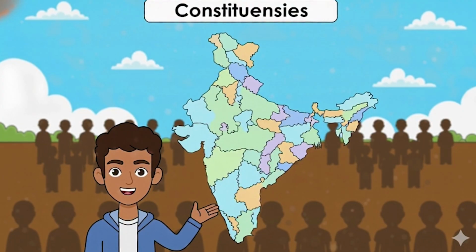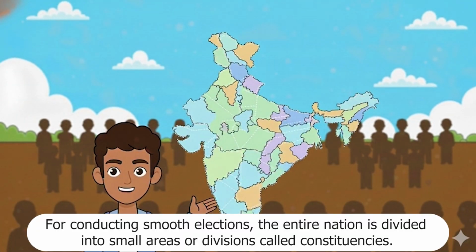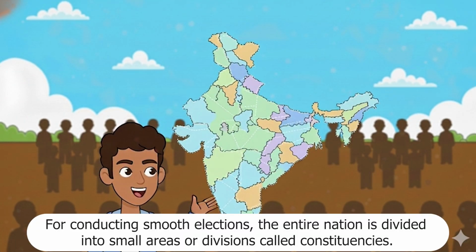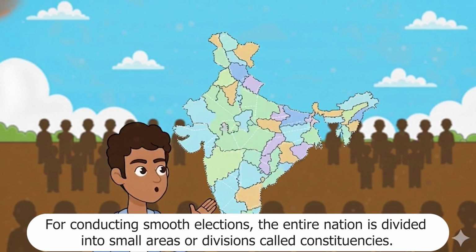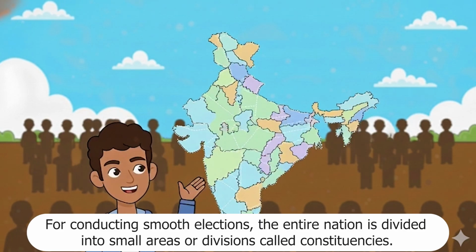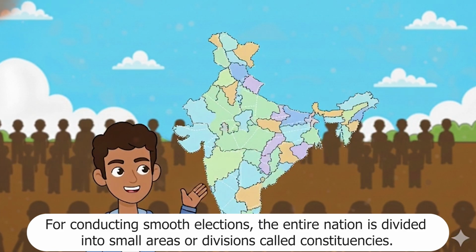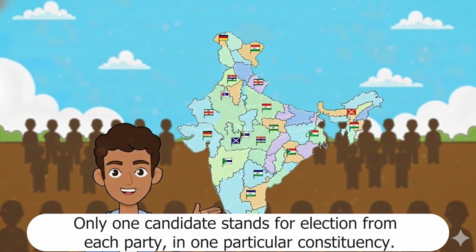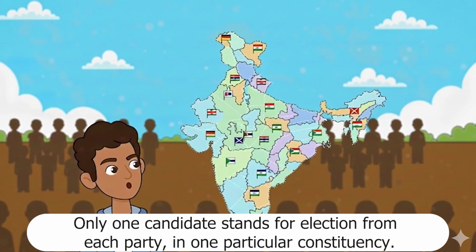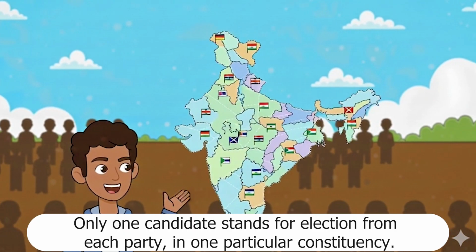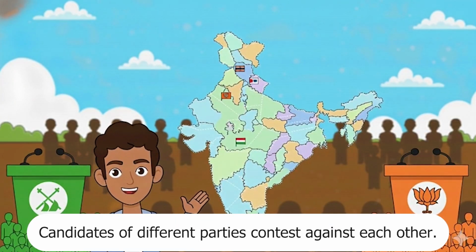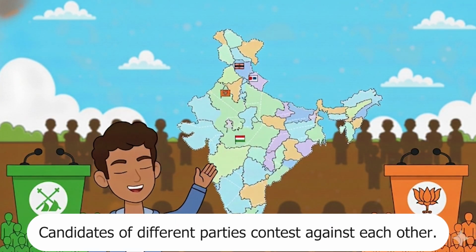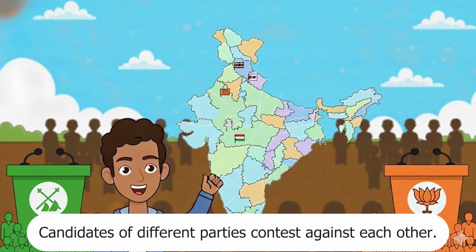Constituencies. For conducting smooth elections, the entire nation is divided into small areas or divisions called constituencies. Only one candidate stands for election from each party in one particular constituency. Candidates of different parties contest against each other.